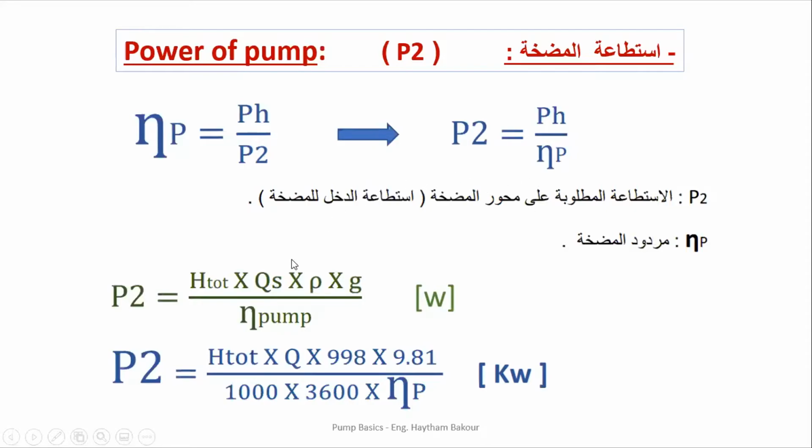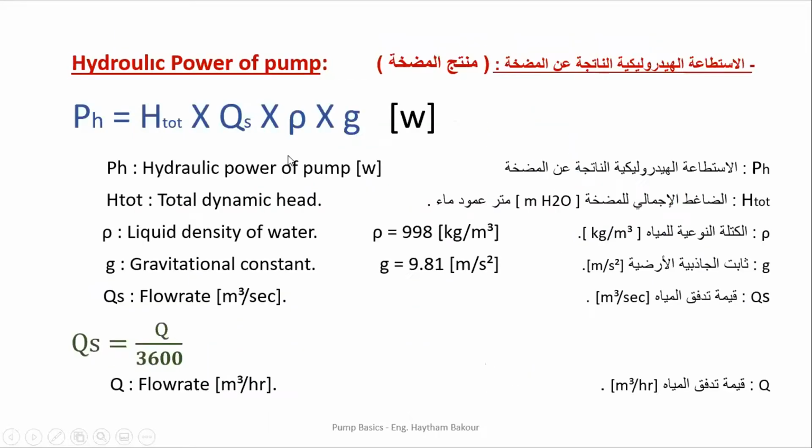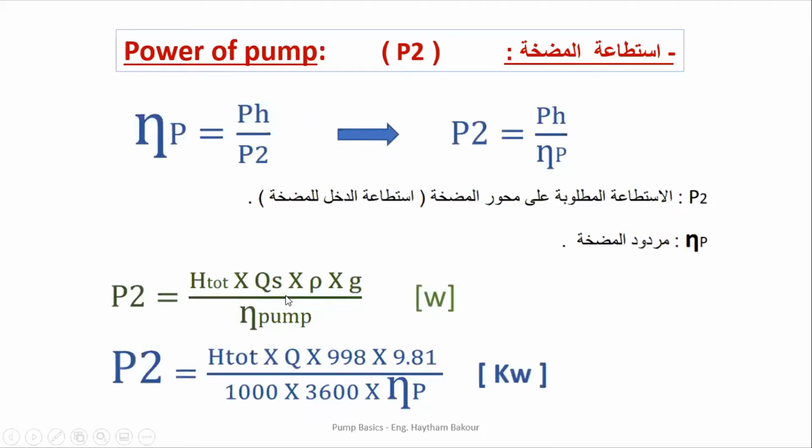We replace PH using the prior equation, so P2 is H total multiplied by QS multiplied by rho multiplied by g, divided by the pump efficiency.